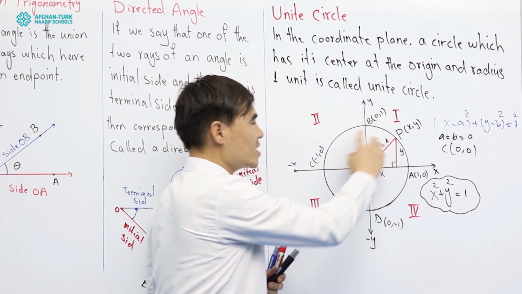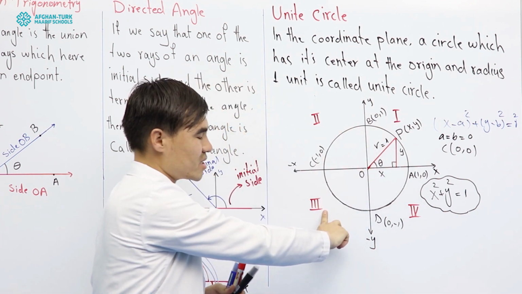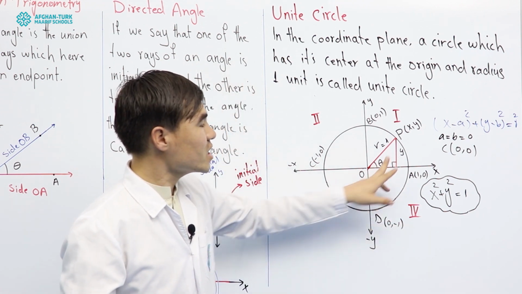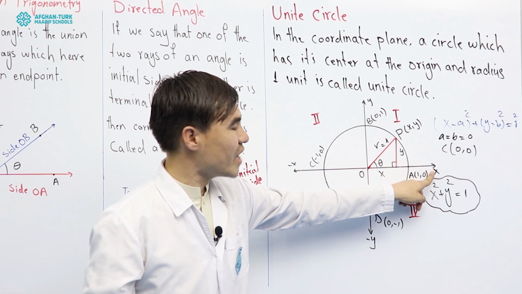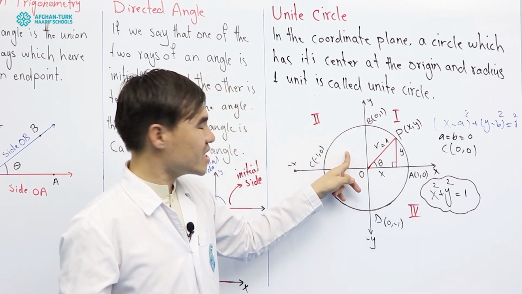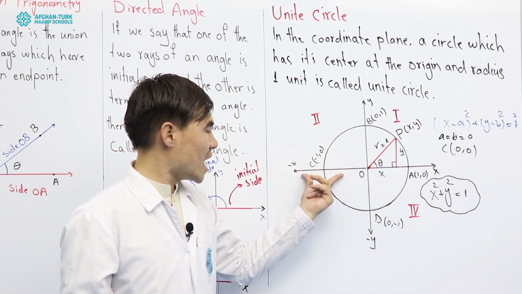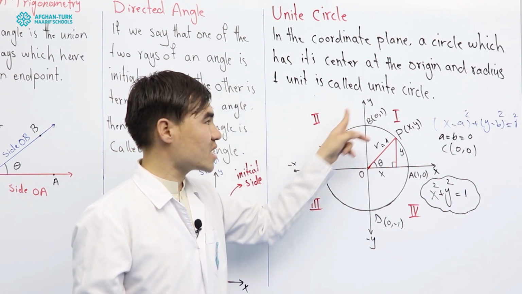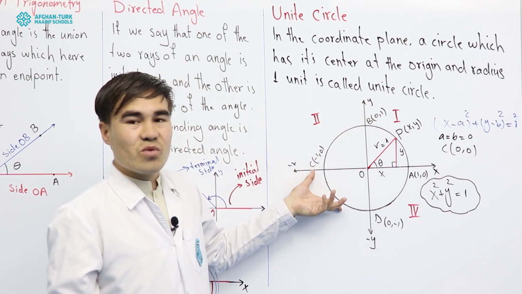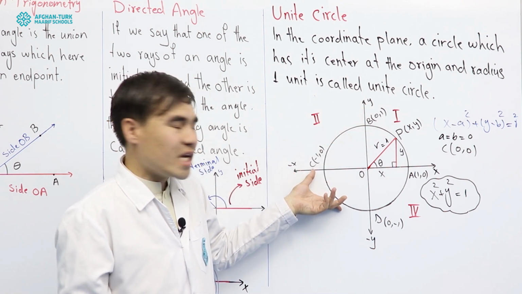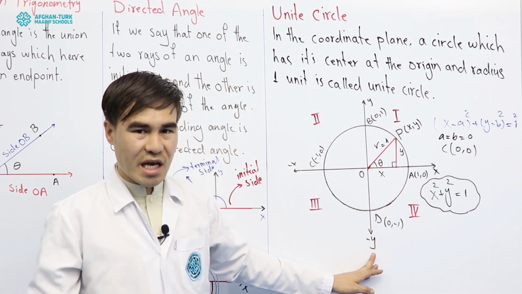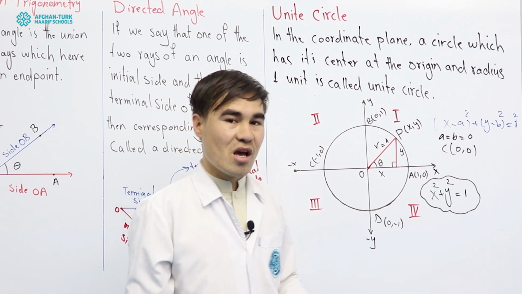This is the first quadrant, this is the second, this is the third, and this is the fourth quadrant. In the first quadrant, the signs of x and y are both positive. In the second quadrant, the sign of x is negative and the sign of y is what? Positive. In the third, both x and y have negative signs. In the fourth quadrant, the sign of y is negative and the sign of x is positive.